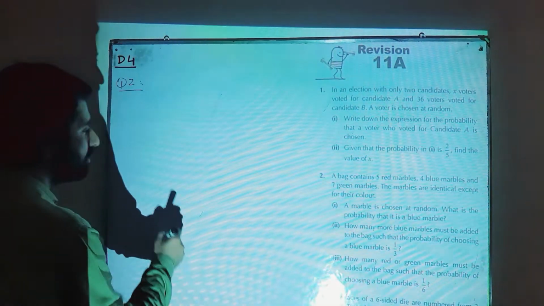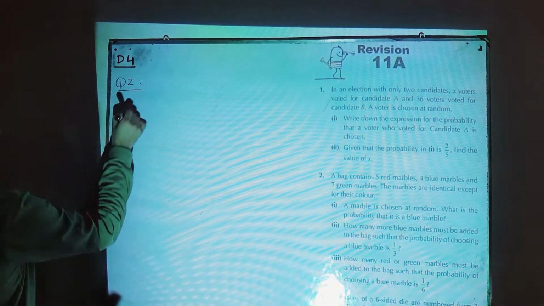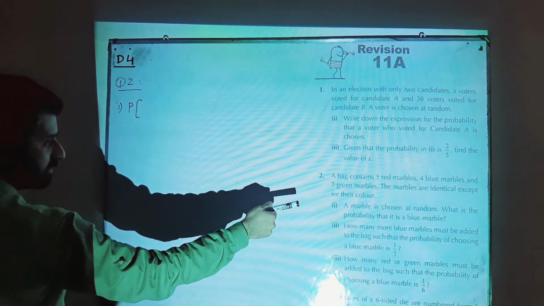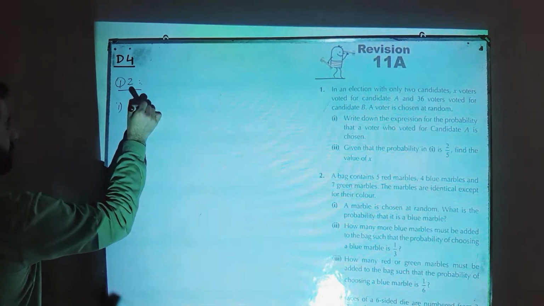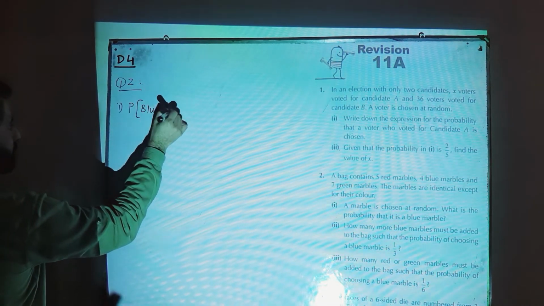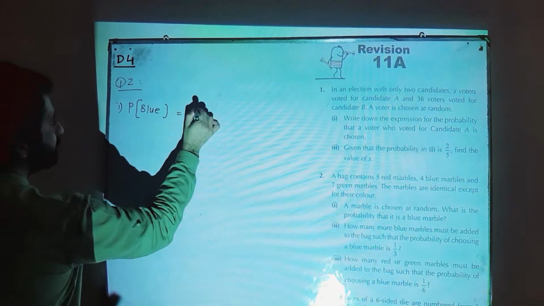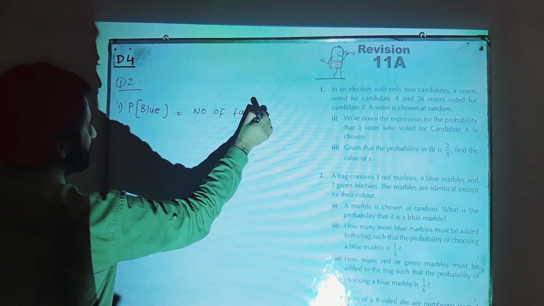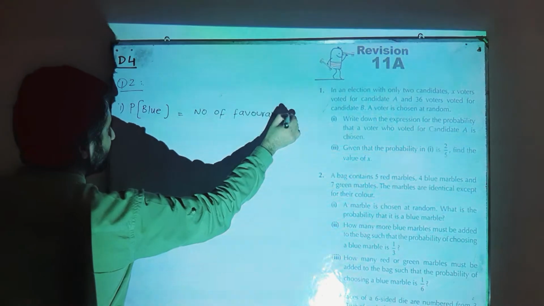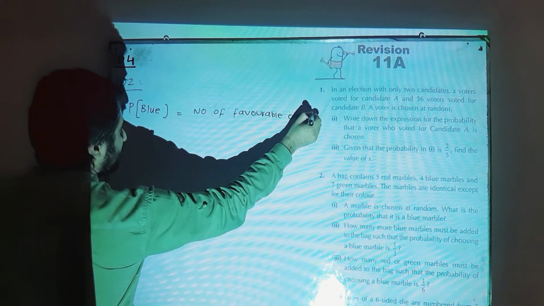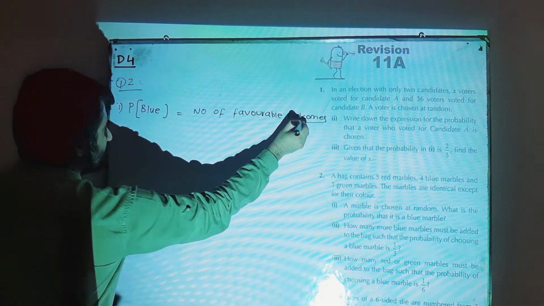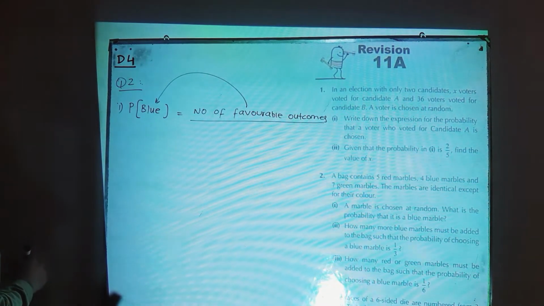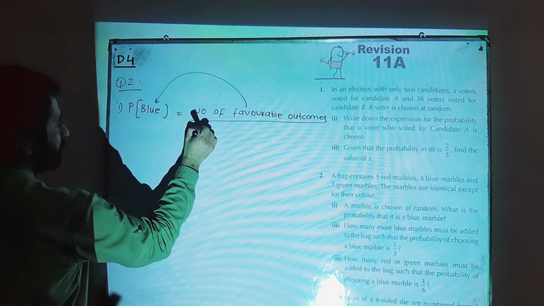So for part number 1, the probability of selecting at random a marble which is blue is basically the number of favorable outcomes, the outcomes which we want, and we want an outcome that has a blue marble, divided by the total number of outcomes.